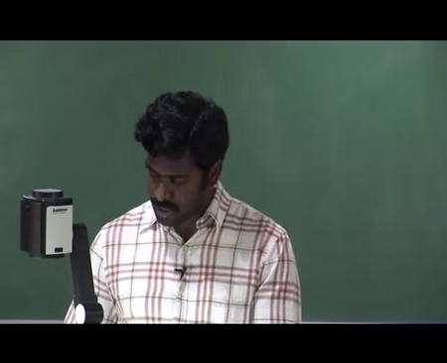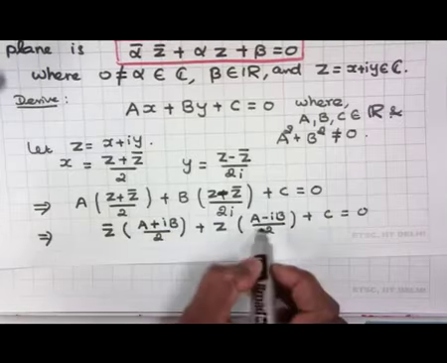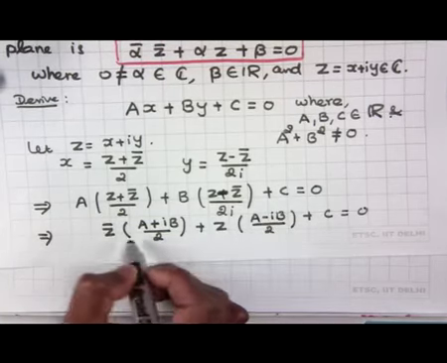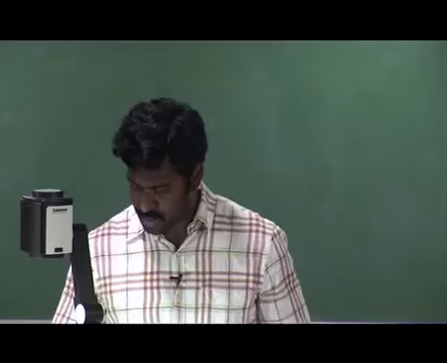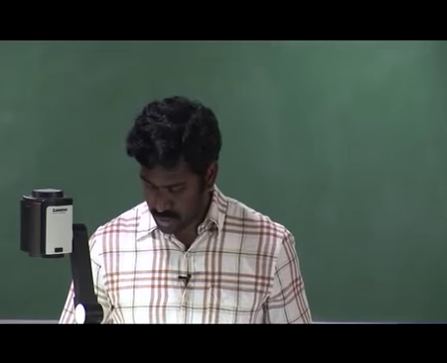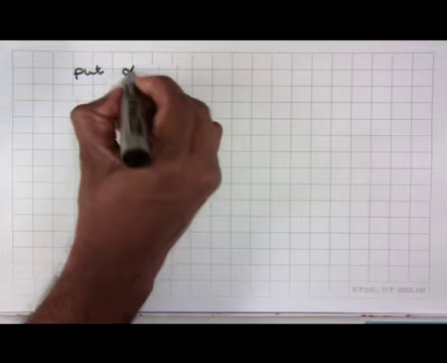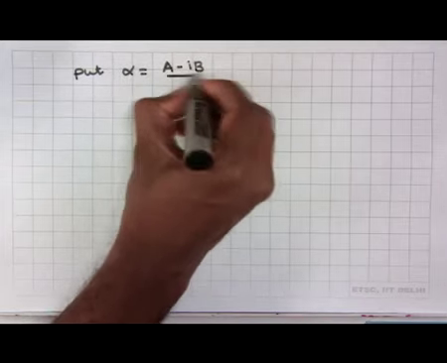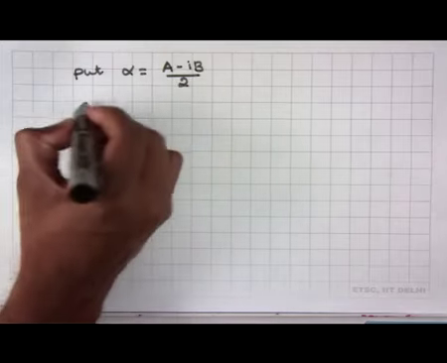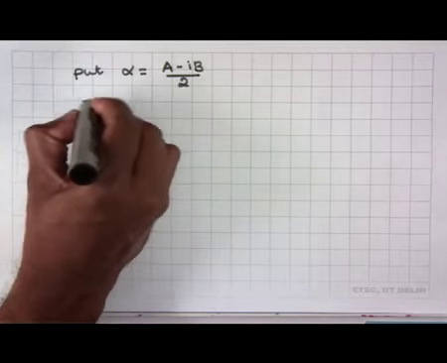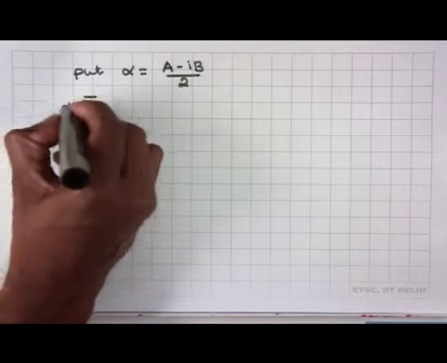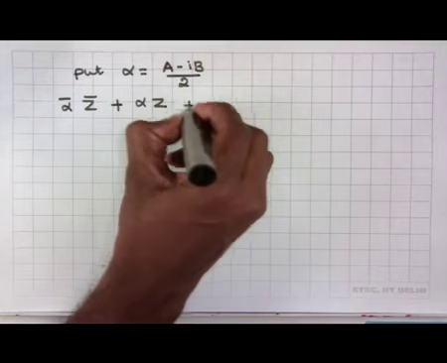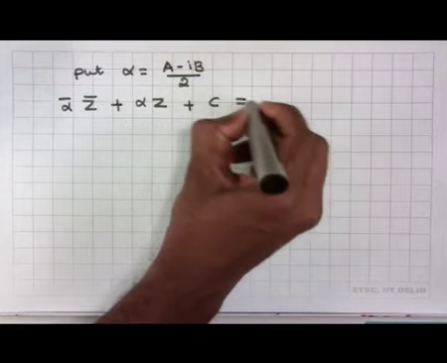If we consider alpha as this number, then we can simplify further. Substituting alpha as (a − ib) by 2, we get z bar multiplied with alpha bar plus alpha z plus c equal to 0.